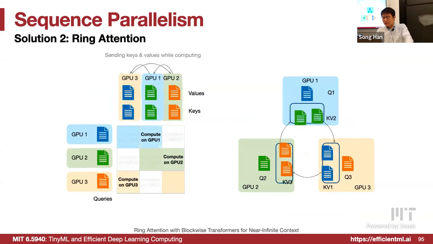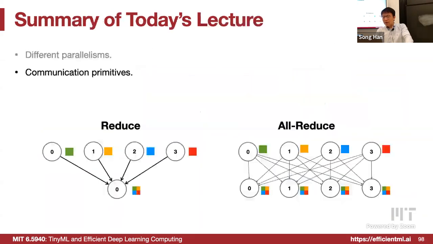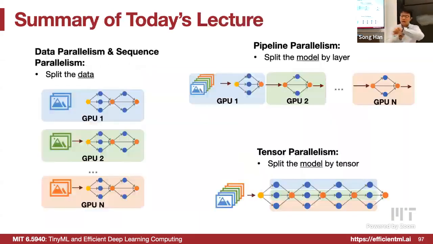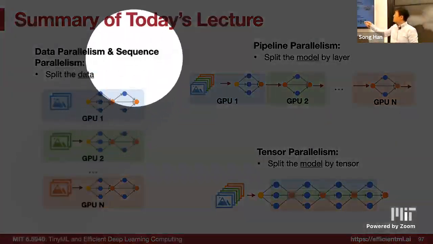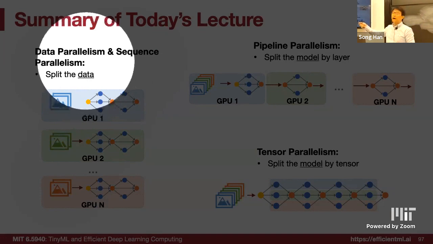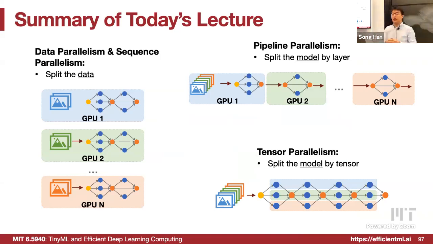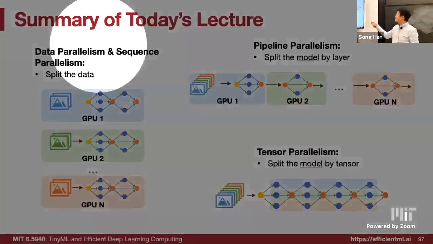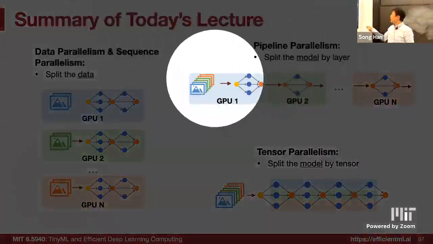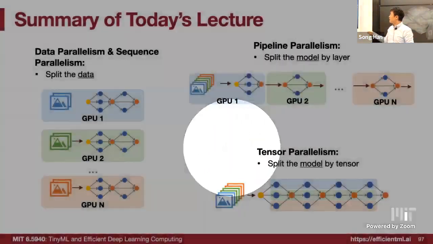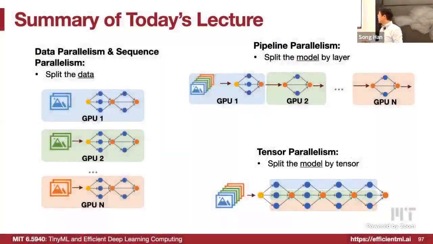All right, and let's move on. To summarize today's lecture, we talked about data parallelism and sequence parallelism. They are both splitting the data. Sequence parallelism is new due to the long context requirement for large language models. We also talked about pipeline parallelism, splitting the model by layer, and tensor parallelism, splitting the model by tensor.